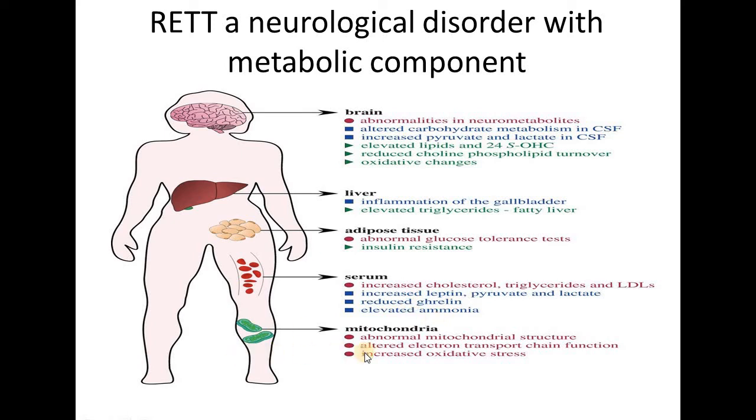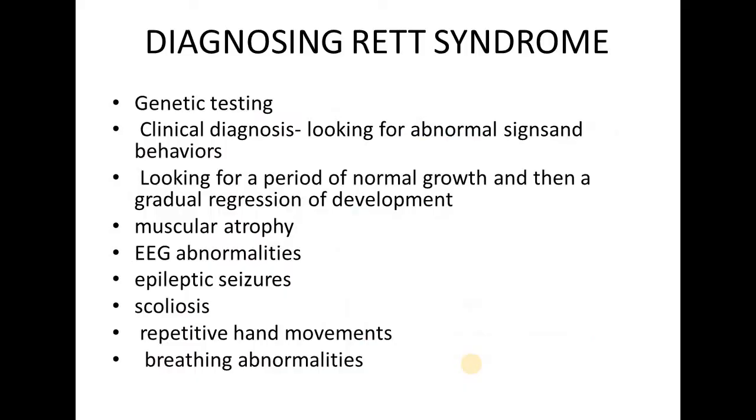And in mitochondria, there are abnormal mitochondrial structures, altered electron transport chain functions and increased oxidative stress. Along with the different stages of neurological disorder, there is also impairment in metabolic components in the person who is affected with Rett syndrome.